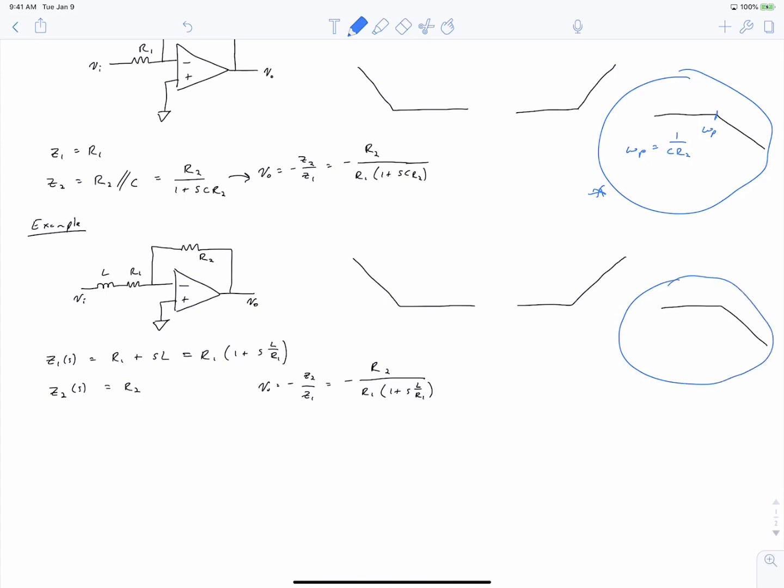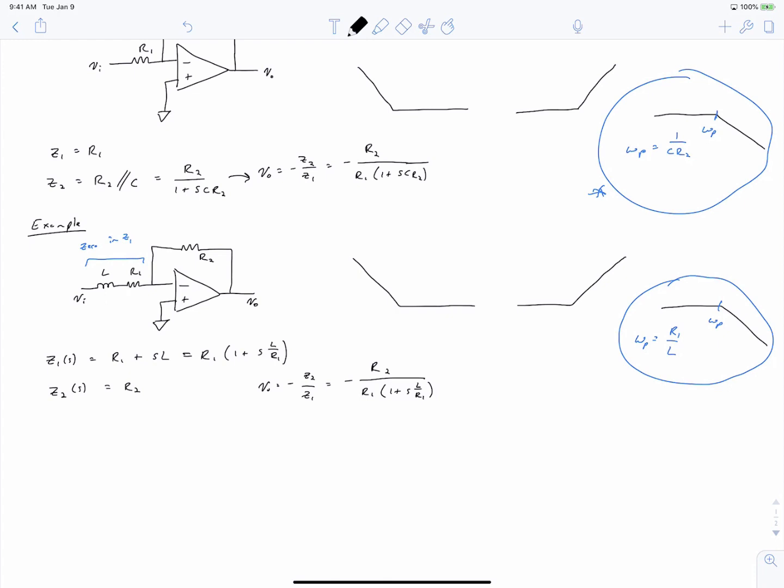We've realized this transfer function, where now omega p is equal to R1 over L. So this introduced a pole in Z1, or I'm sorry, it introduced a zero in Z1, which was a pole in our transfer function for the entire system, since we talk about Z2 over Z1.